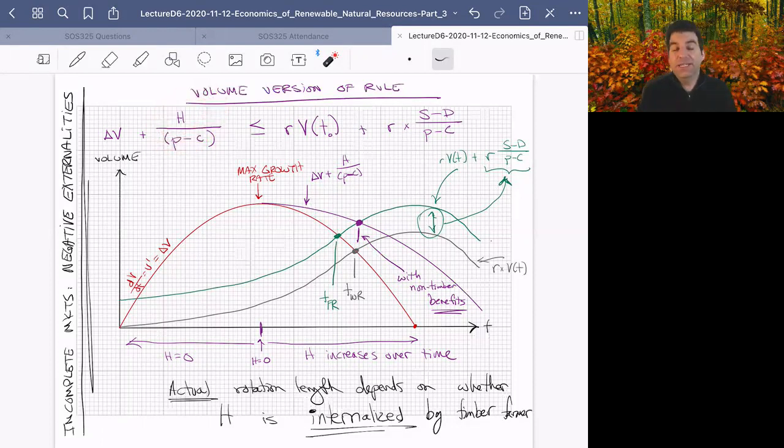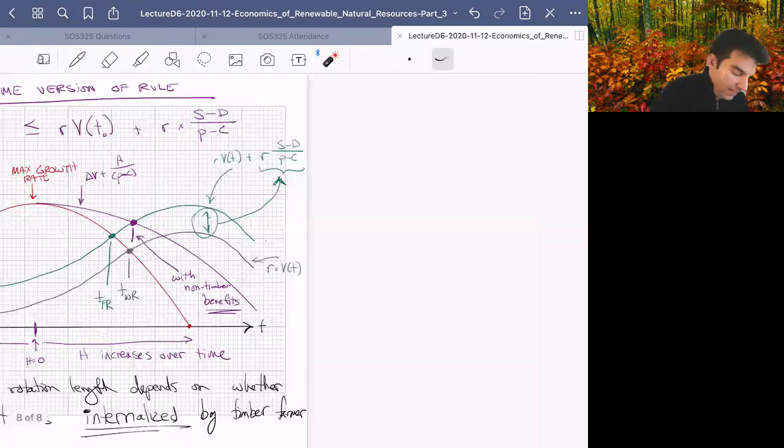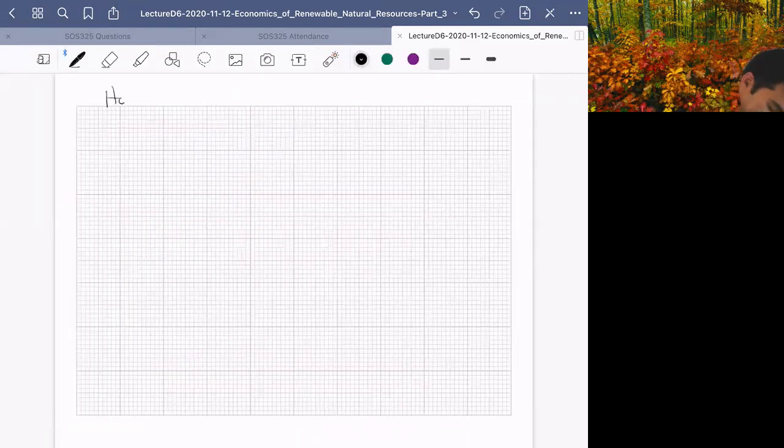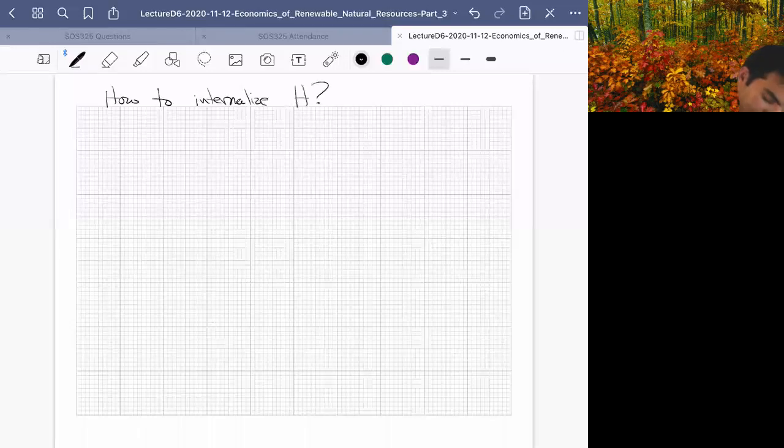Now, if you can internalize that, so how to internalize these H, which is habitat value, or non-timber benefits.